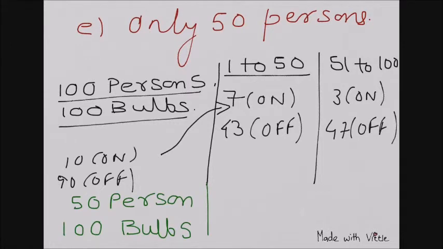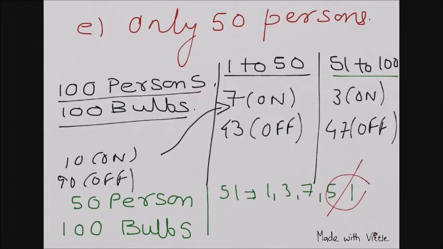What is happening here? From 51 to 100, if you see 51, 1, 3, 17 and 51 are the factors, but currently we don't have 51. So how many are the factors now? Only 3. So this will only be off, this won't get on because the factors will still be odd.